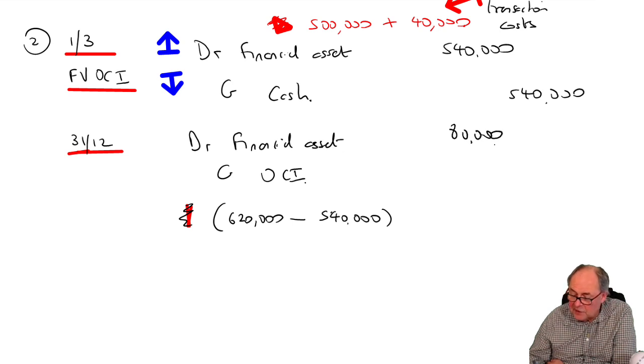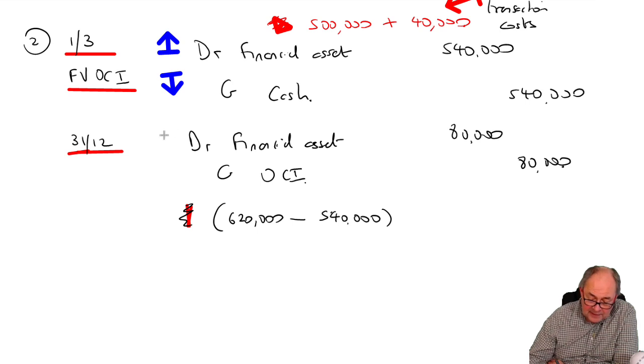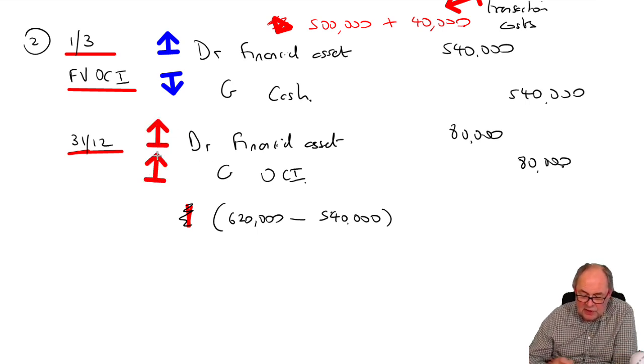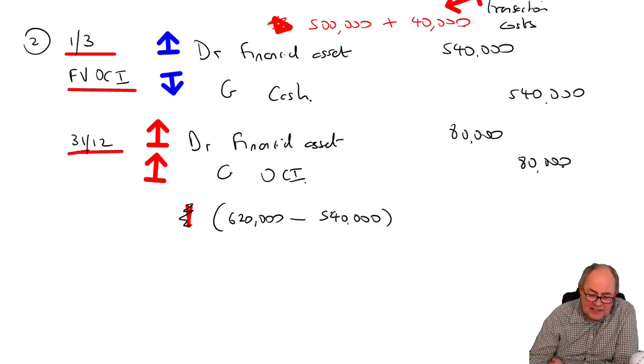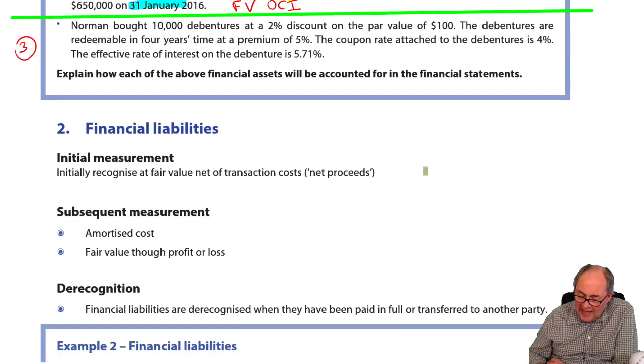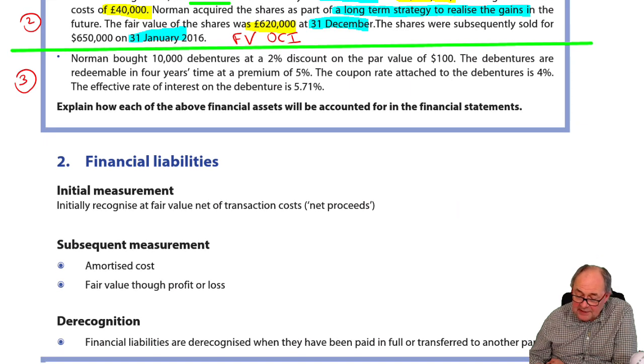The difference between the two is 80,000. It's a gain. So both the asset and OCI will go up. Finally, in this example, we sell the shares and we sell them, there's another gain, isn't there, for 650.